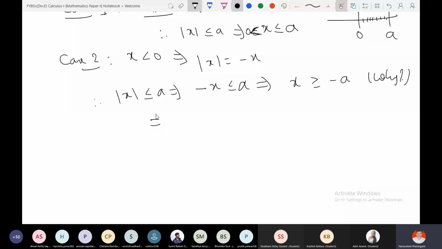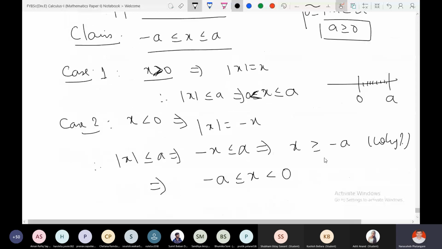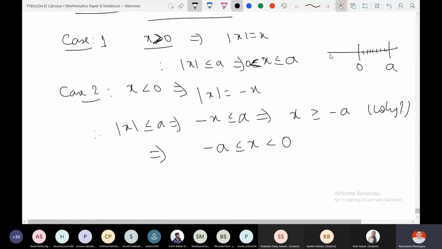So ultimately, minus a is less than or equal to x. But we already chose x negative. That means if x is negative and its absolute value is less than or equal to a, then it certainly lies in between minus a and 0.